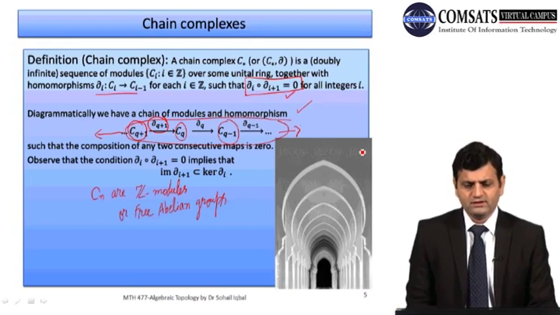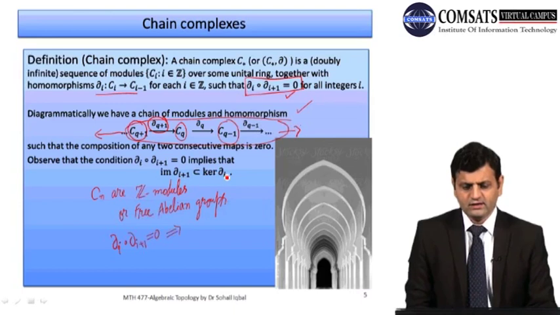Of course this condition has many implications. ∂_i composed with ∂_{i+1} equal to 0 implies, for example, that the image of ∂_{i+1} is contained in the kernel of ∂_i. In other words, when I apply ∂_{q+1} on the elements of C_{q+1}, then whatever the images are, when I apply ∂_q again I will get 0, because the composition of any two consecutive maps is 0.